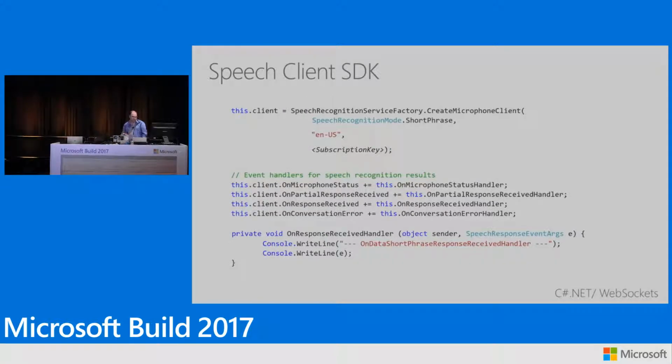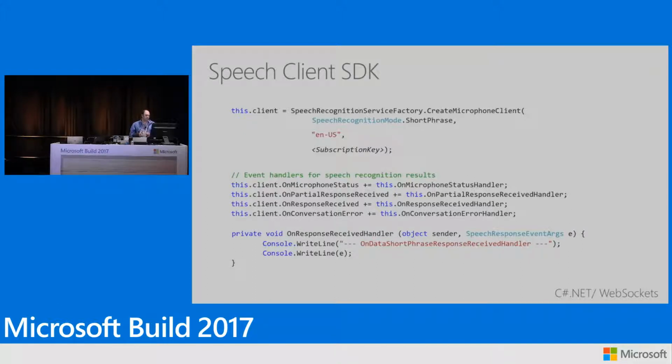I want to show you a bit of code of the actual SDK, how a call to one of these models would look. As you can see here, the only thing you need to do once you download the SDK is basically set up, instantiate a client. In the example here, I'm using the factory method to instantiate a microphone client.